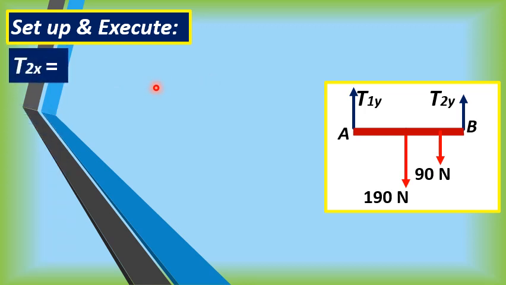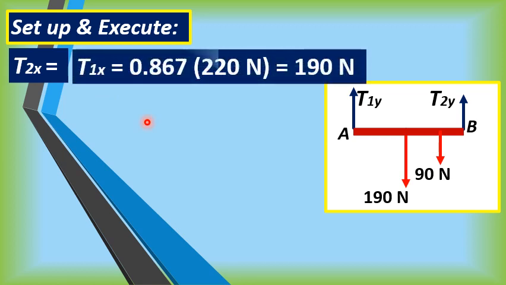To compute T2, we first make use of our earlier concept. We said that the summation of Fx must be equal to 0. So the x component of T2, or T sub 2x, is just equal to the x component of T1, or T sub 1x, but they are opposite in direction.